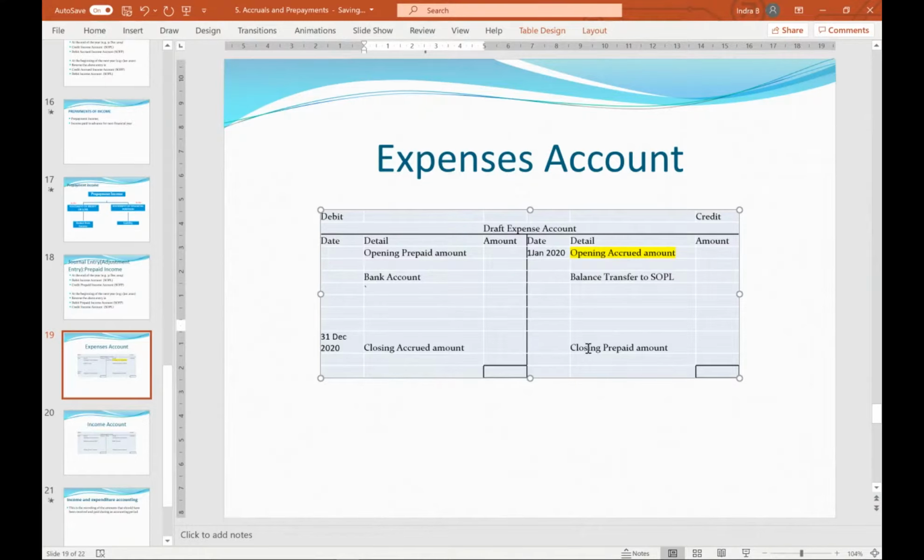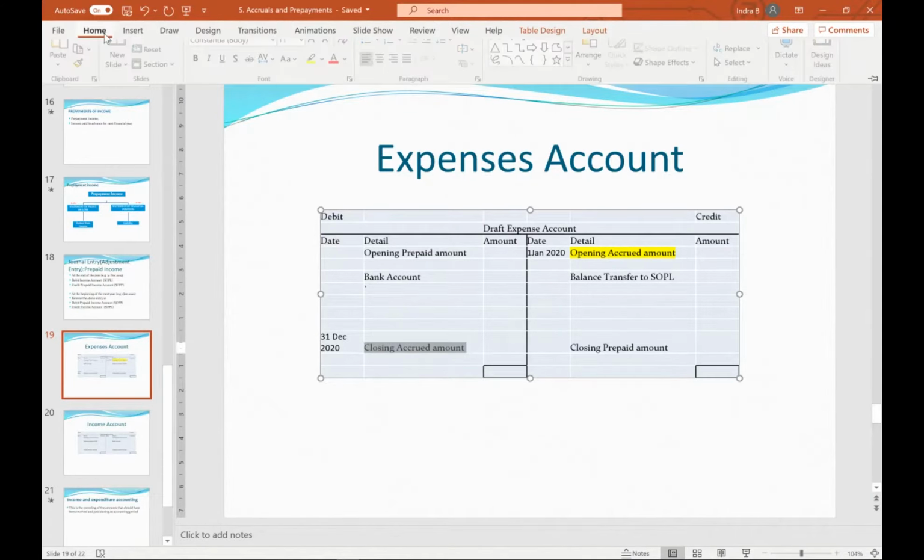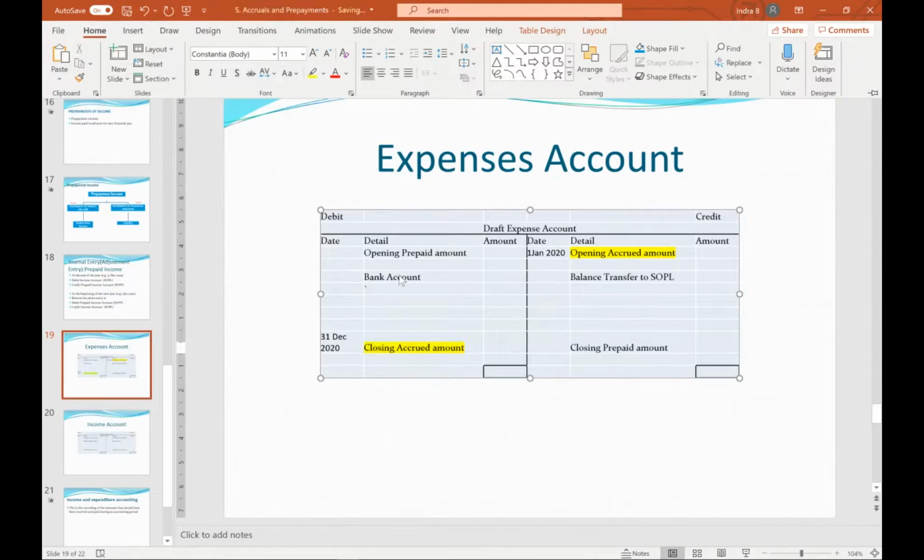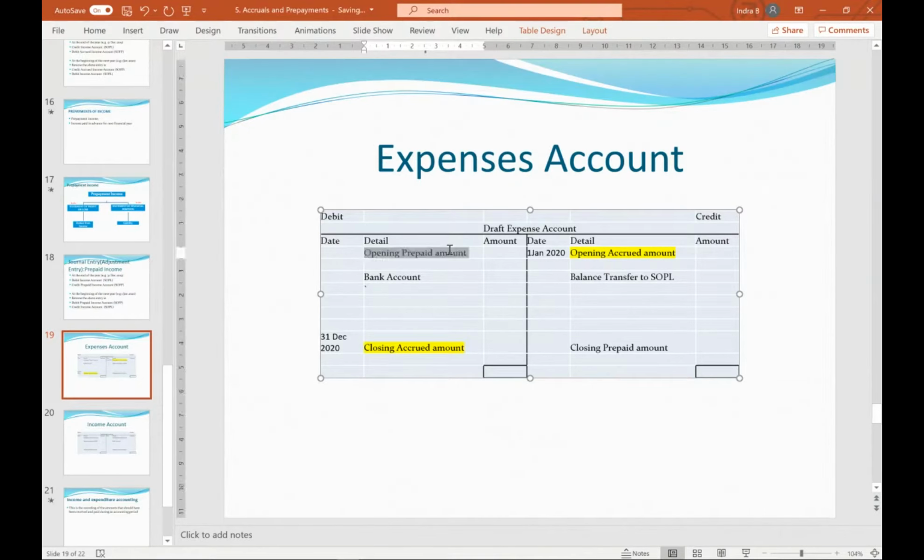Sometimes you may find that they have an opening accrued amount and a closing prepaid amount. So either this will be there or this will be there, one of them.